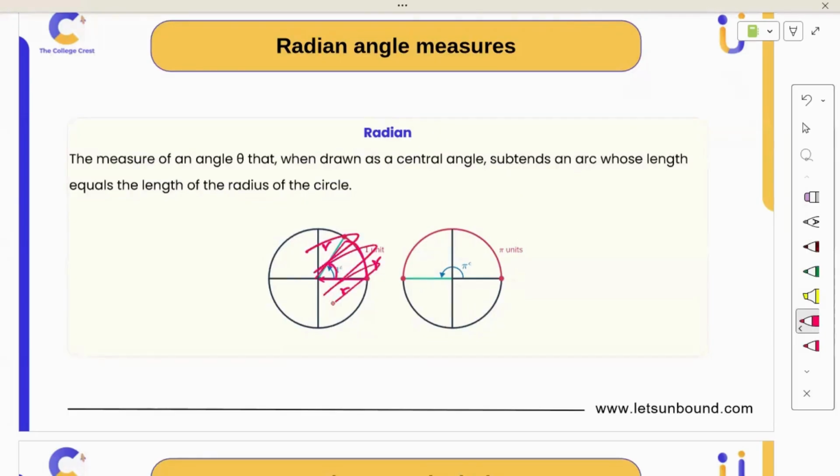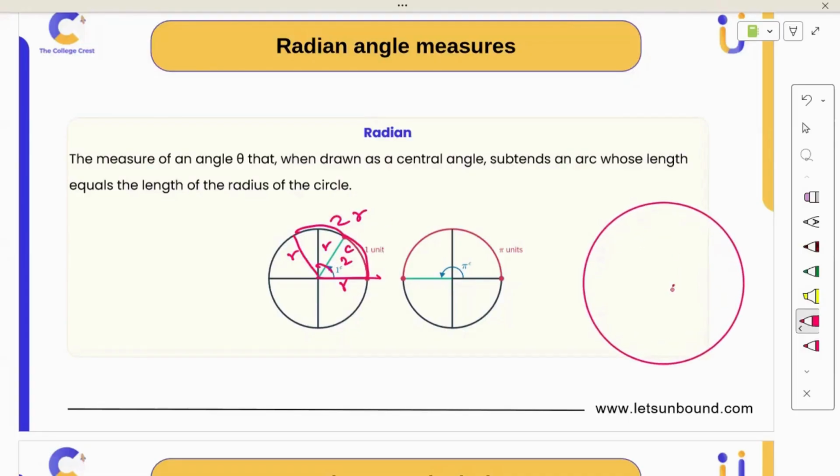If the arc is 2 times the radius, then it's 2 radians. How can I make 3 radians? If your radius is 10 centimeters, you take an arc of 10 centimeters, then again 10 centimeters, and again 10 centimeters.